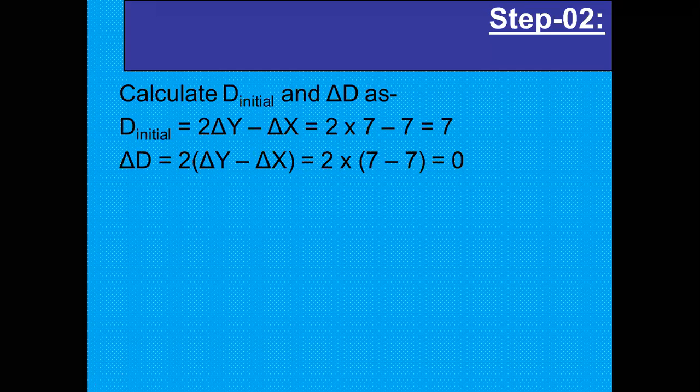In some books, the D initial is considered as small e. In some books the nomenclature is different, and the error term is shown by small e. Here it is indicated by D, because this is the Bresenham algorithm, and we will use D initial and delta D. So don't bother with the nomenclature.